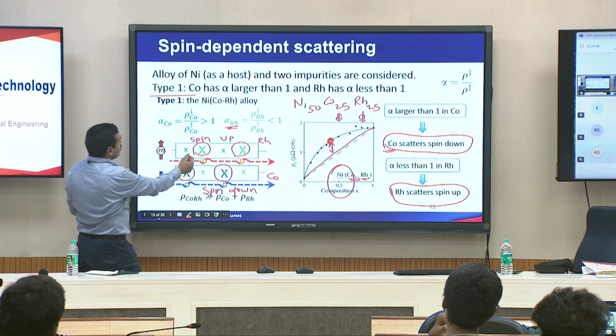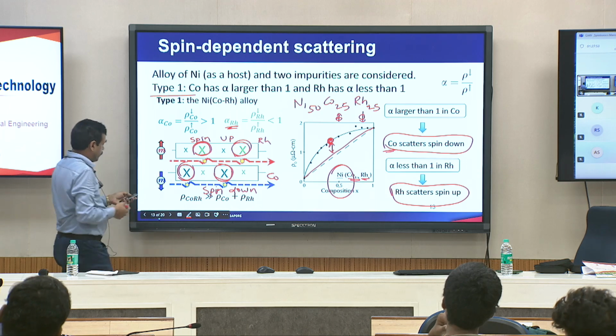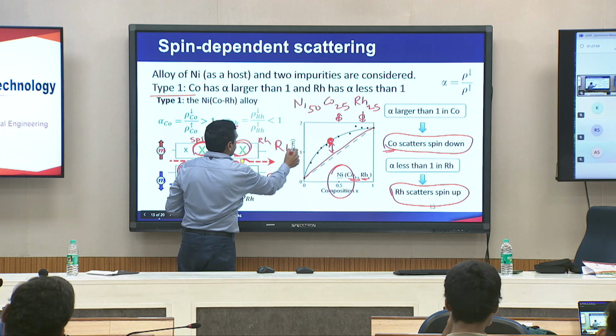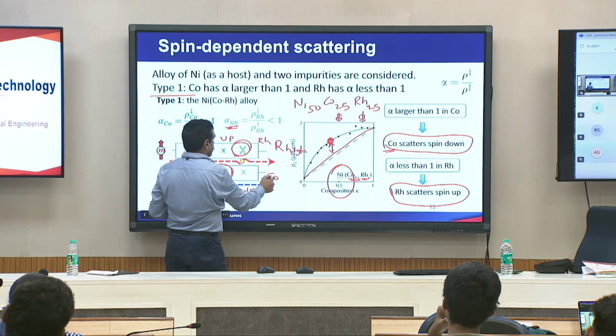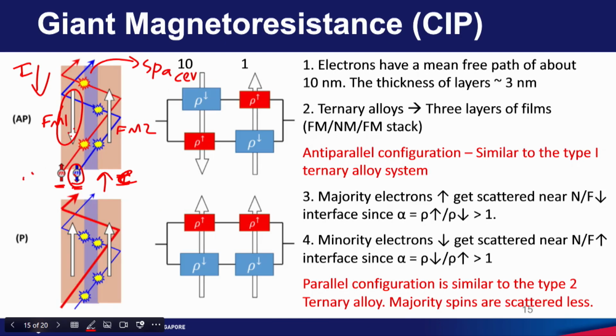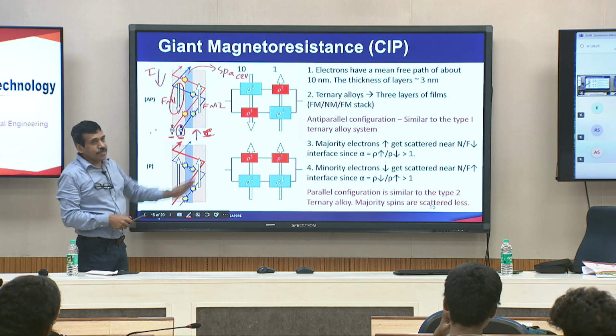So, this is like the type 1 alloy we learned. In type 1 alloy we learned that both spin up and spin down electrons get scattered, which means the resistance of this path is high, and the resistance of this path also is high. So, when you have two parallel resistances where both resistances are high, the resistance of this parallel combination is going to be high. That is what happens in the GMR configuration where you have anti-parallel magnetization.